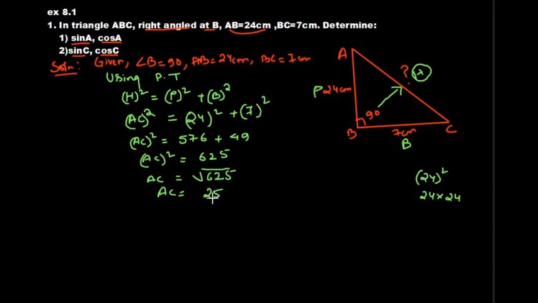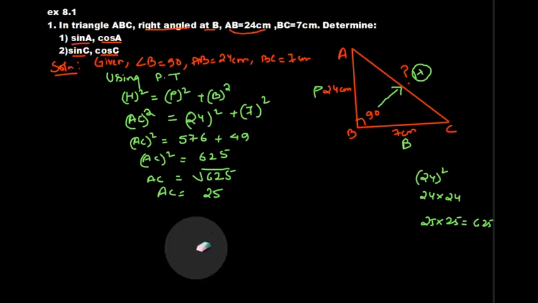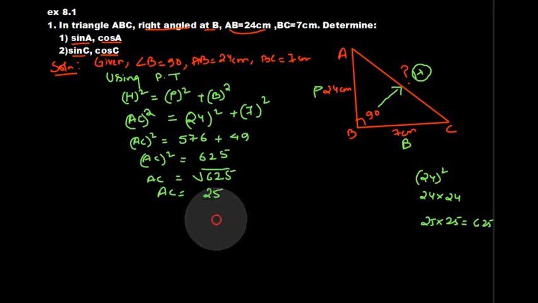What does this mean? If you multiply 25 into 25, you will get 625. You can also find the root of 625 by using the factorization method. Let's say I don't know the square root of 625.